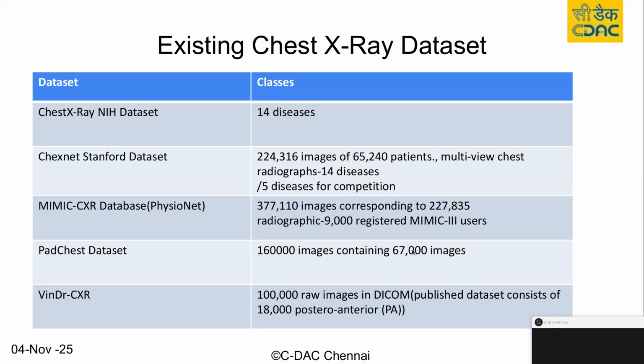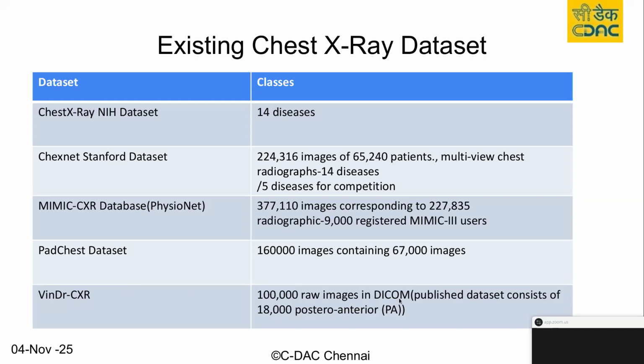The PadChest dataset has 67,000 images, but it has a wide variety of diseases, maybe 52 or 54 disease manifestations. So if you want to try your algorithm to detect multiple diseases, I recommend going for the PadChest dataset.